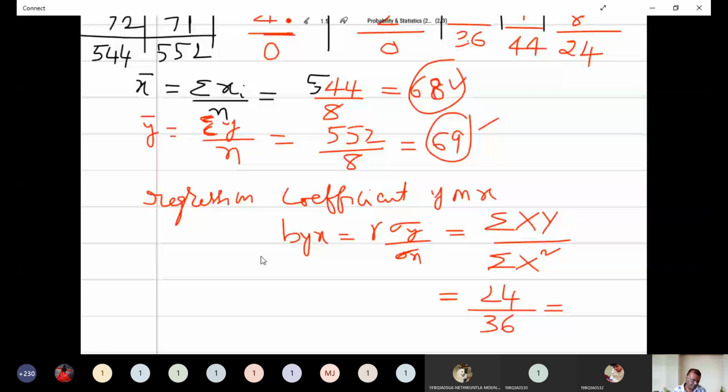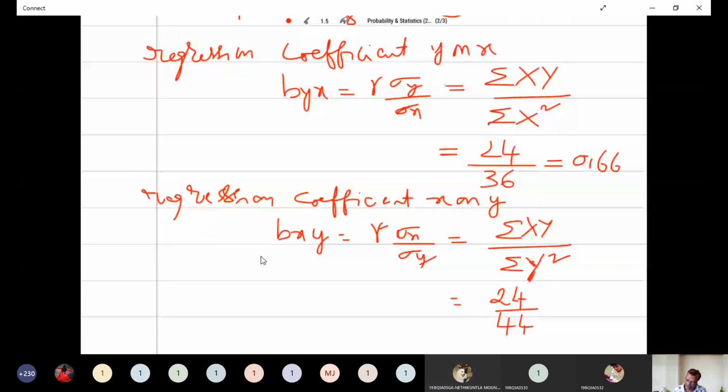What is this value? That is 24 divided by 44. That is 0.54.